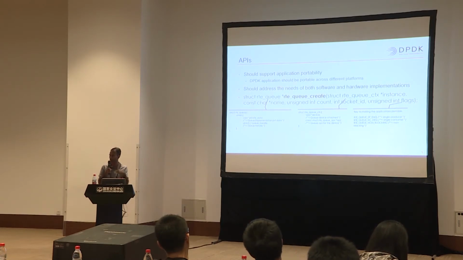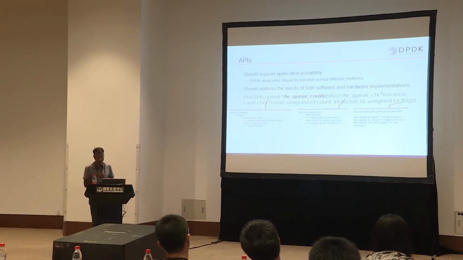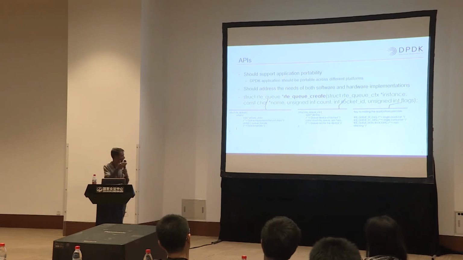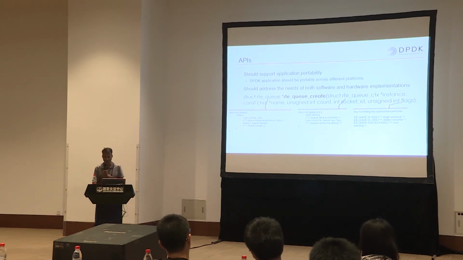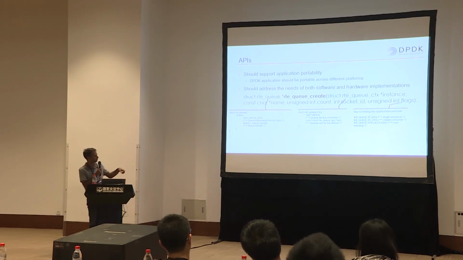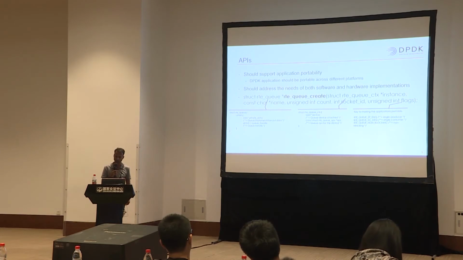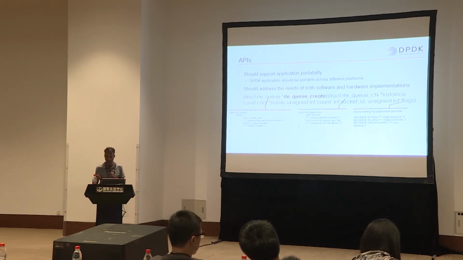And I think that DPDK should make every effort to make sure all the underlying implementations provide the same characteristics where possible. But if not, these characteristics need to be brought up to the API level, so that the application can decide for itself what characteristics it wants.